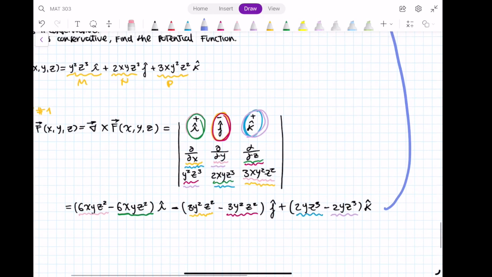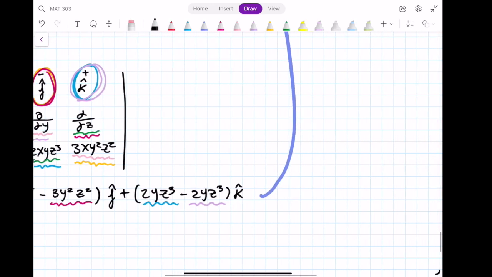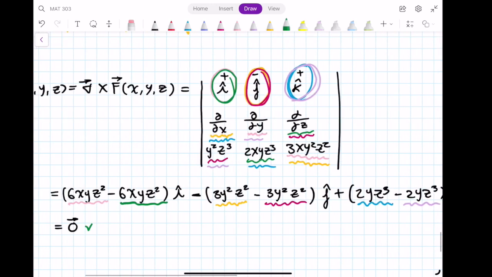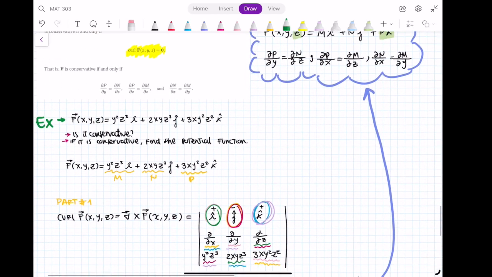Perfect, yeah. So when we do all of this, we're going to have a zero vector, right? That is also good for us because now we can say that our function is conservative.